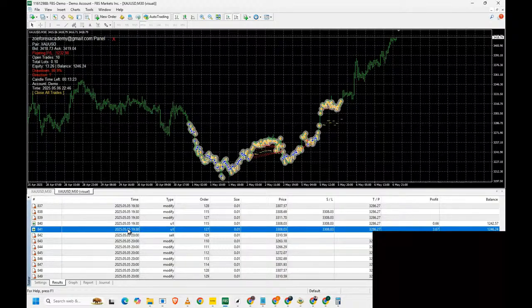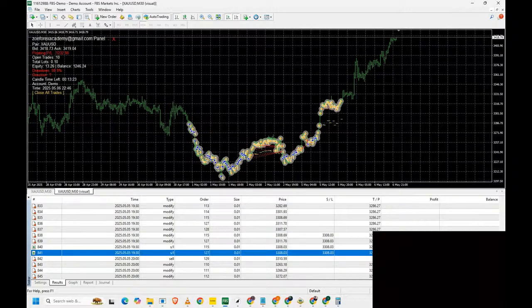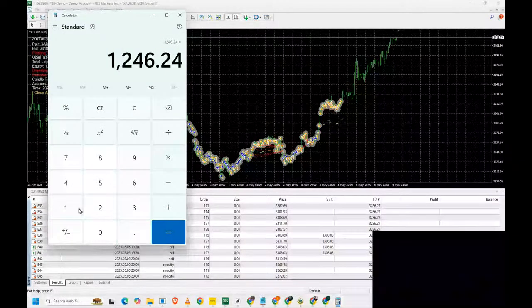So today is the 5th, according to this. The last profit made was 1246.24. So that is why we open the calculator: 1246.24, and then we multiply that by 10% of whatever we have.